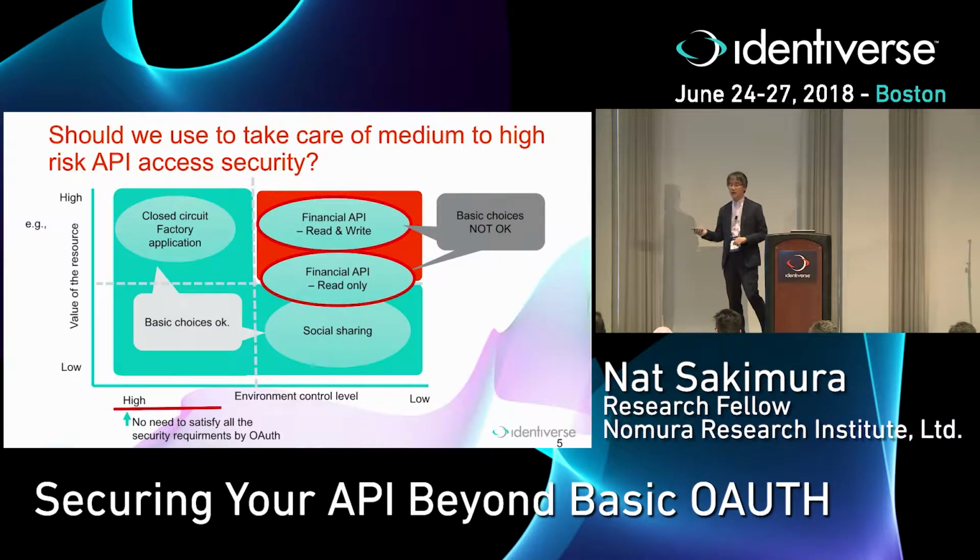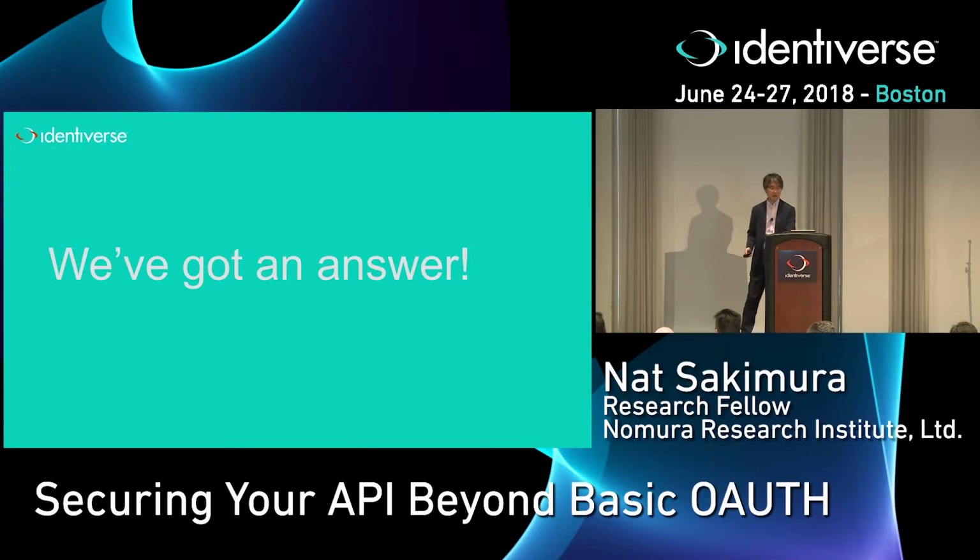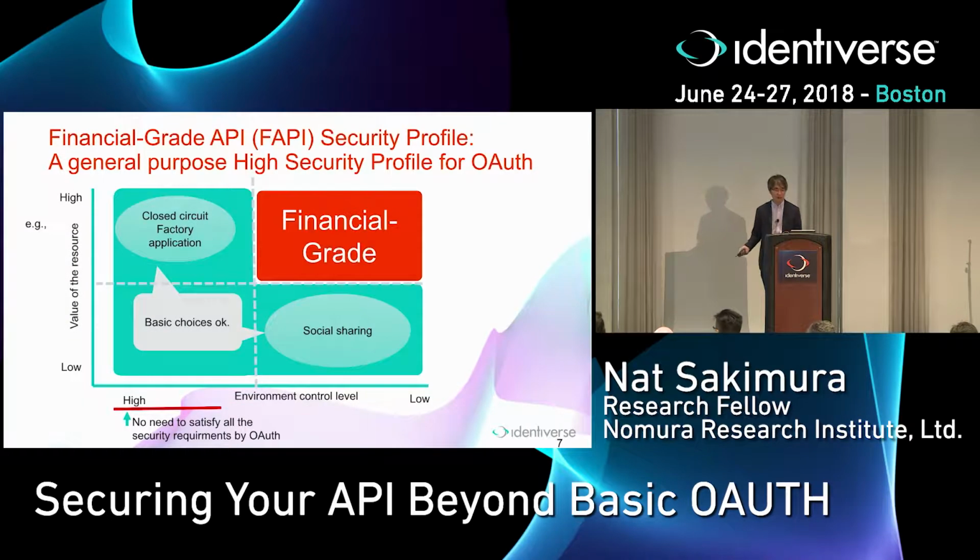For that, we've been working for the last 2 years, and I think we have some kind of plausible answer, which is called Financial Grade API, the acronym is FAPI, Security Profile, which is a general purpose high security profile for OAuth.